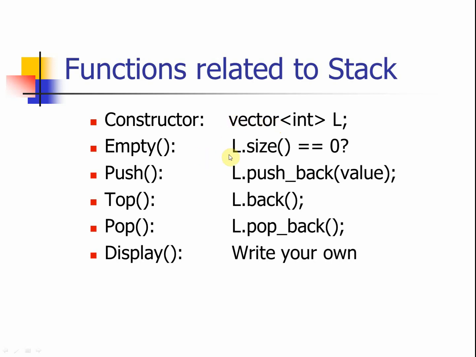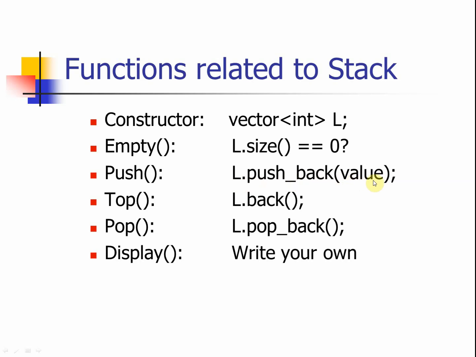Then, if we look into the empty function, to test whether or not the vector is empty, you use L.size(). This is something we have been using since the beginning of the semester, so you probably have seen this many times. If the size is equal to 0, then it is empty. To do the push, because we are adding things at the last location, we use L.push_back.